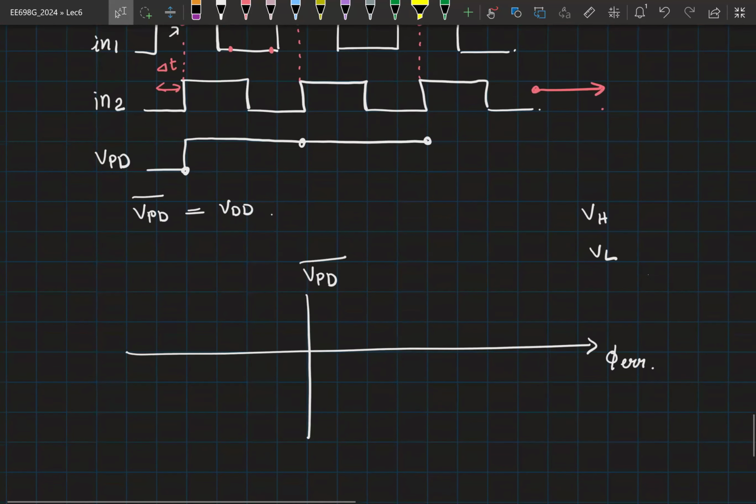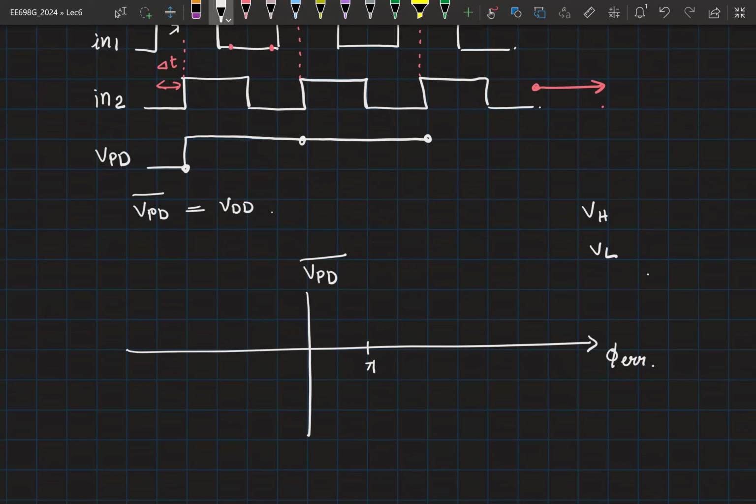So between 0 to pi, what do you see? It will be at V high. Between pi to 2 pi, it will be at some V low. And then further on. V low is typically 0 and V high is typically VDD, right?